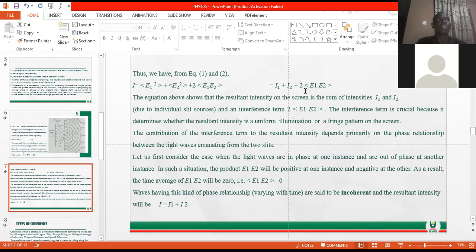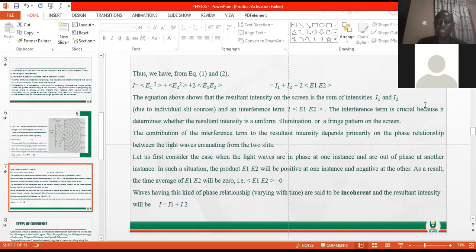So if we have destructive interference, we have a dark fringe, and if it is constructive, we have a bright fringe.